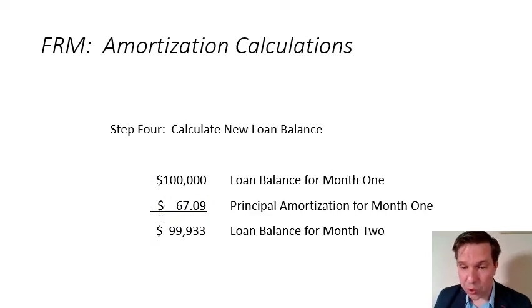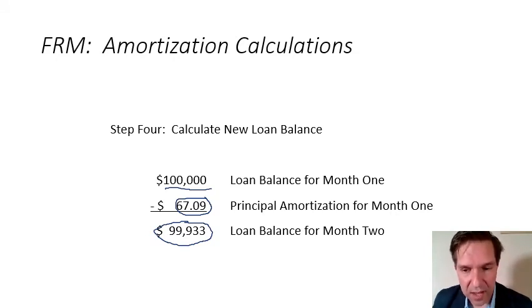Now, what I'm going to do after this is figure out how much debt I still have at the end of the first payment, because I'm paying some of that principal back. So I don't owe all $100,000 for the second month. I only owe $100,000 minus the principal that I paid on the first month, which is $67.09. So at the start of month 2, when I need to figure out my interest again, I don't start working with $100,000 anymore.